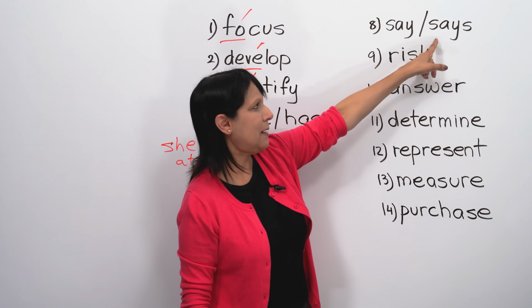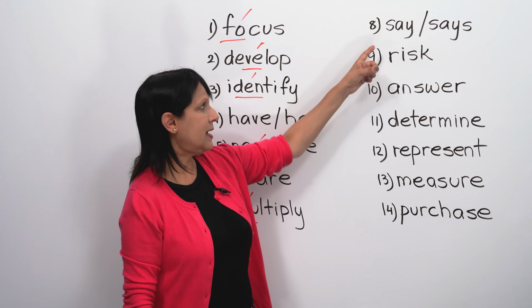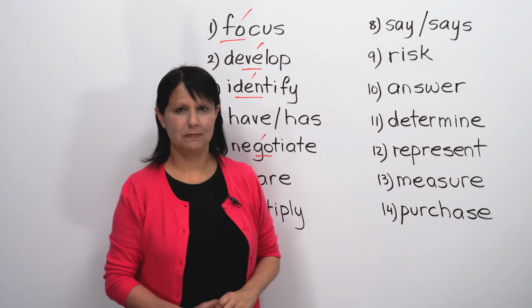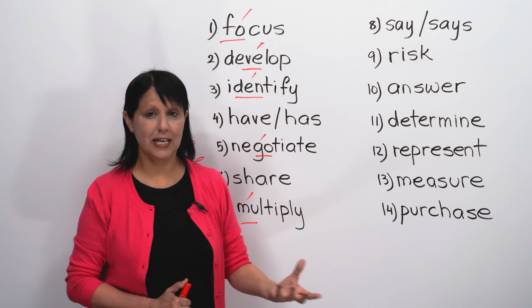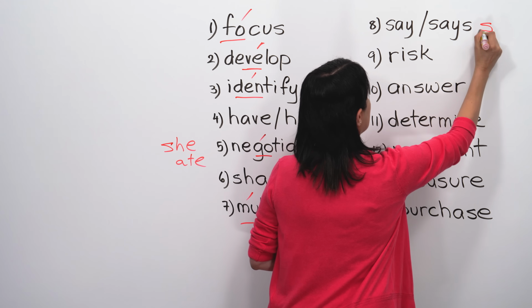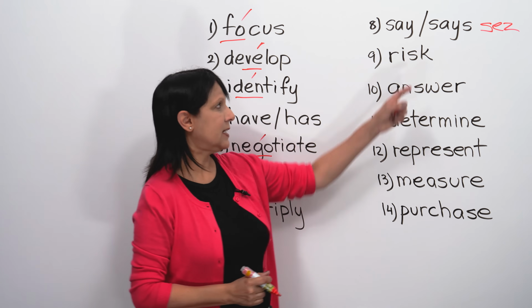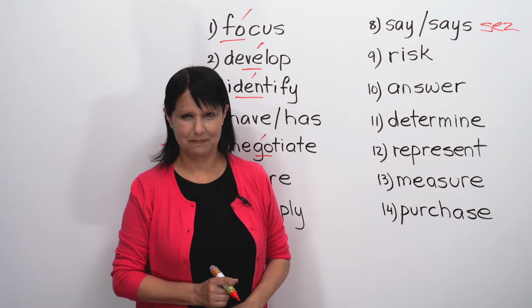The mistake usually happens here because it should be I say, but he says. She says. All right? It says. Says, not says. No. I say, he says. All right?